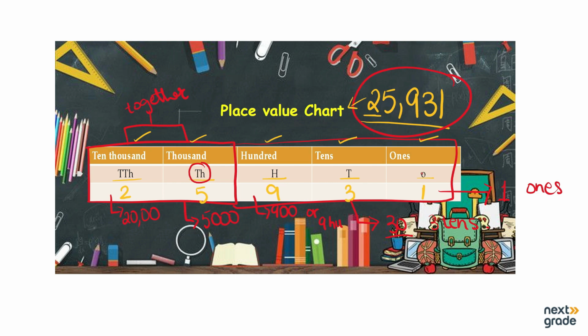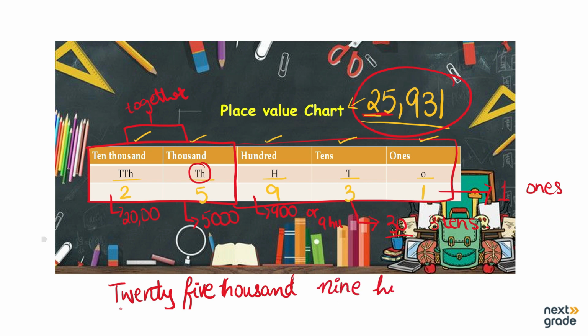For example, if I have to say the number 25,931, I'll combine these two digits and say it out loud, that is 25,000, and then 931.